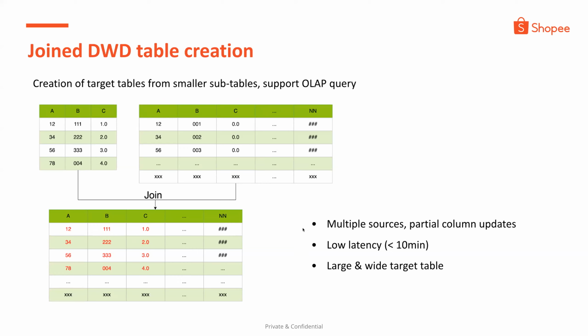And if we use streaming computing engines to join multiple streams, it will cause a waste of resources. What we expect to achieve are the following objectives: multiple sources, partial column updates, low latency, and a large wide target table.